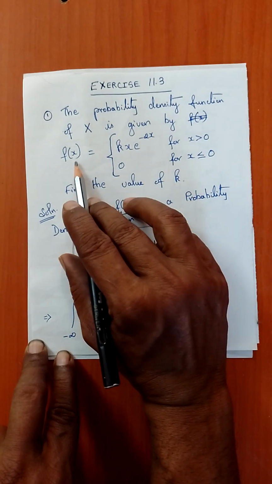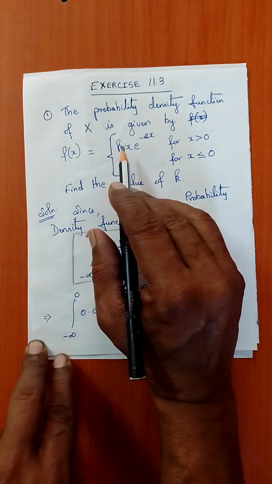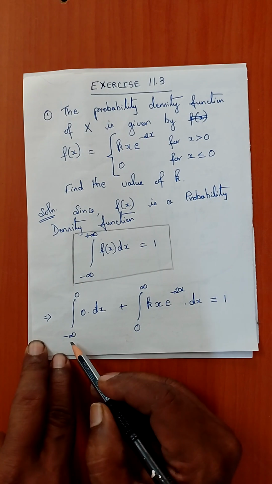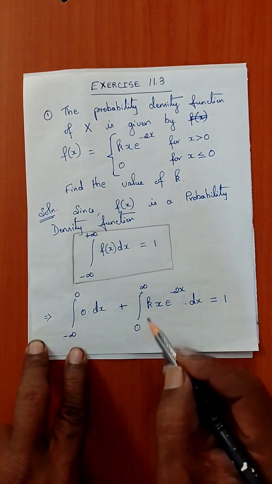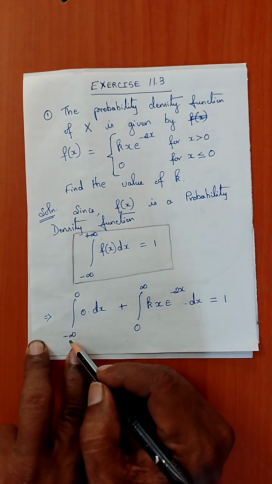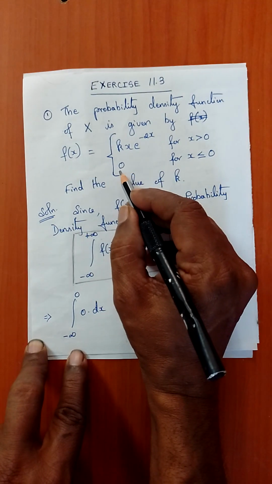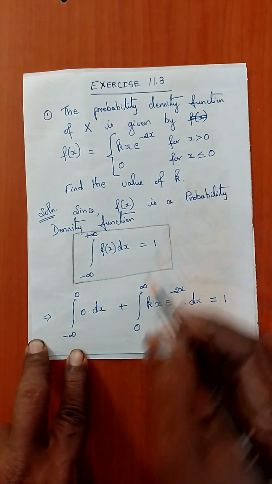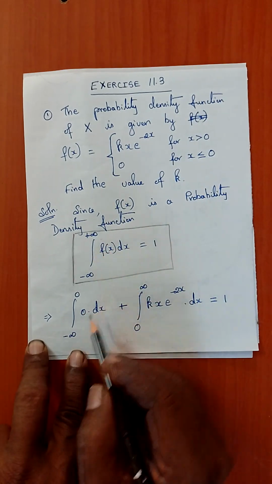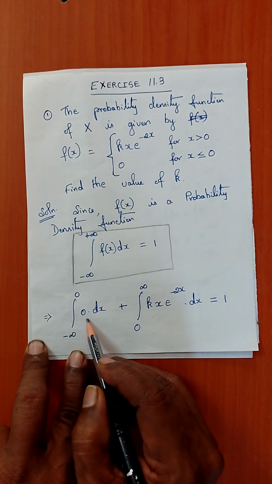So the given function f of x can be split into limits minus infinity to 0 and 0 to infinity. From minus infinity to 0, the function f of x is 0. Therefore, in the place of f of x, we are substituting 0, 0 into dx.